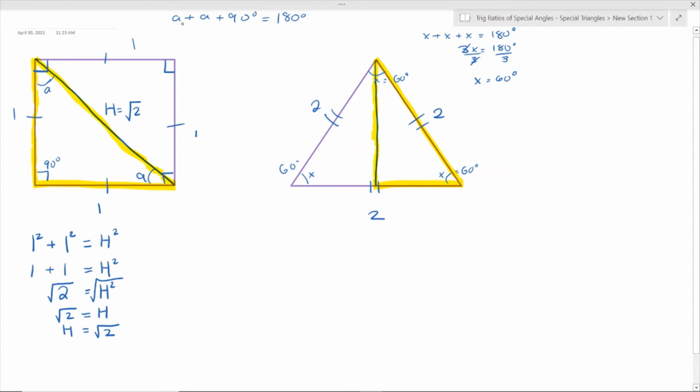So here we have A plus A. A plus A is basically equal to 2A. Here we have 90 degrees. So going to add that. And then here this is all equal to 180 degrees.